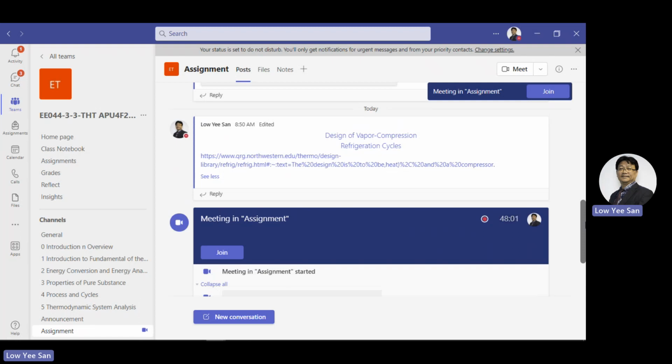Because when one of you submitted, the first one submitted will definitely score low. The second one submits, because of the first one submitted, the score will be high. You get me? That is sometimes why I don't like to provide information, because it will cause the Turnitin score to be high. But anyway, I just let you know.